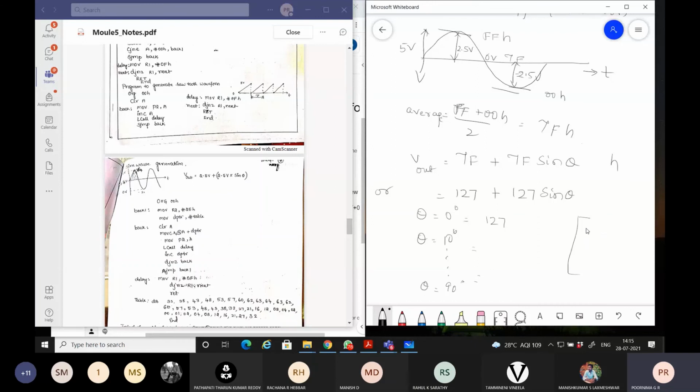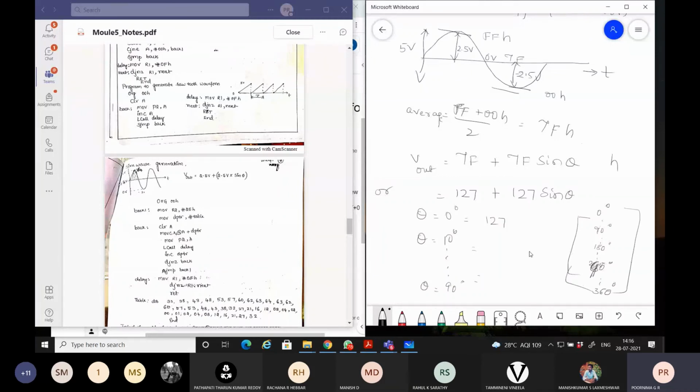You will get some decimal values. Tabulate all those values starting from 0 degree to 90 degrees, 90 to 180 degrees, 180 to 270 degrees, and then up to 360 degrees.